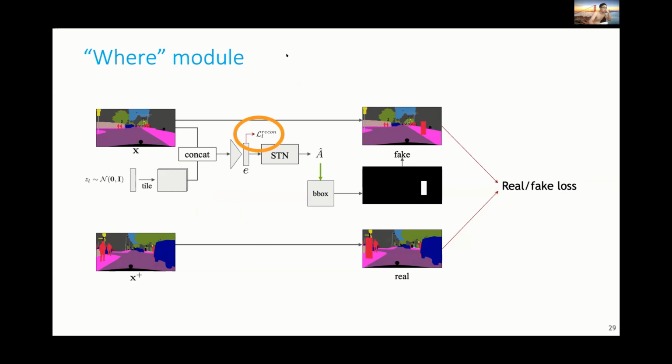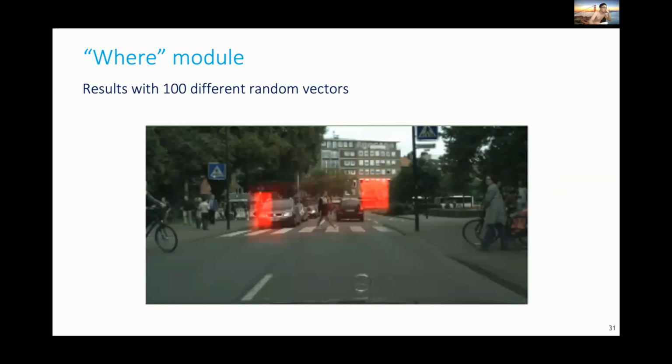We can add one reconstruction loss to reconstruct this random vector or the bounding box, and either one of them would give us a much better result. By adding this into the adversarial learning model, these are the results we have. So at least we have 2 modes. We are doing a better job now, but this is still far from what we would like to have.